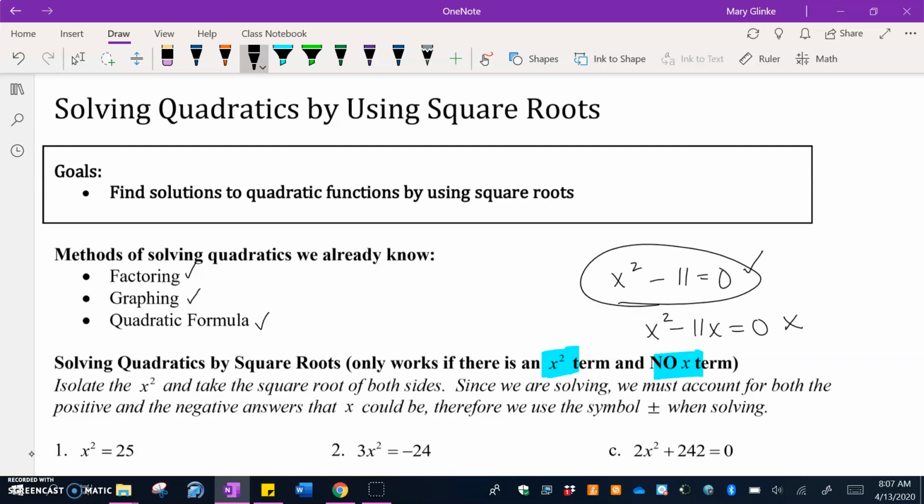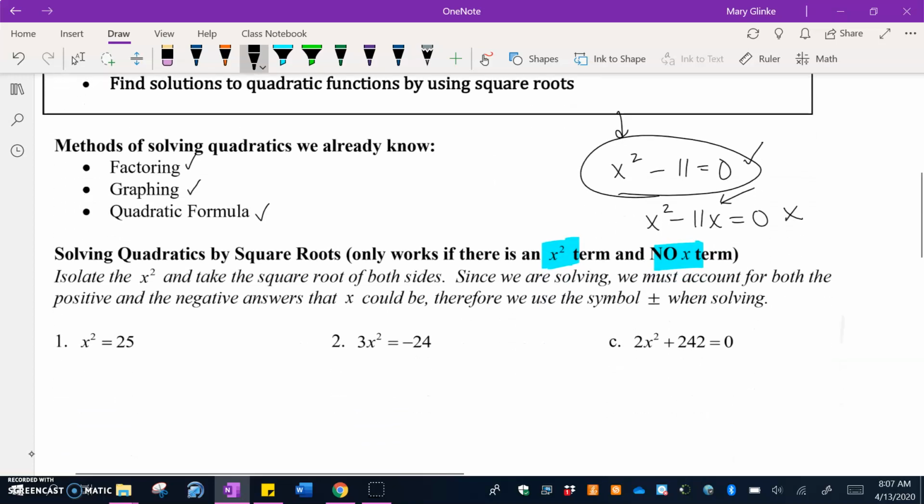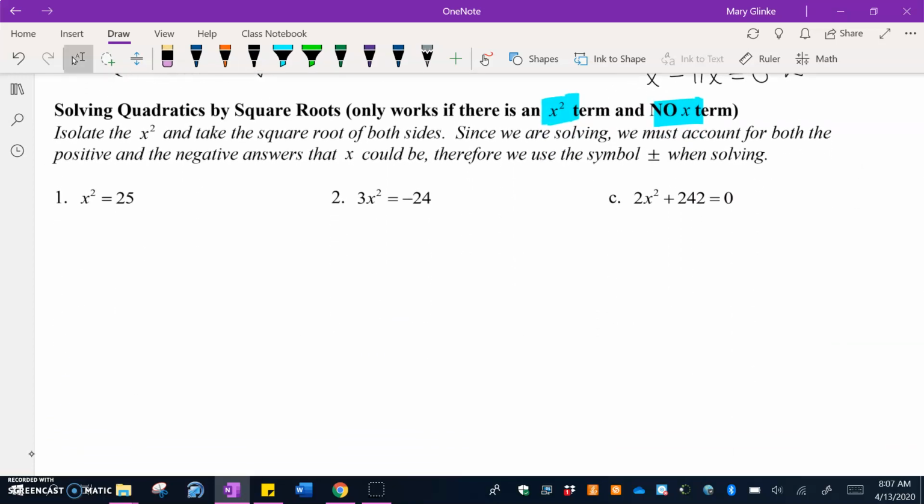So we are looking again for an x squared term, but no x term. The way it works is you are going to get the x squared term alone first. After you get the x squared term alone and move everything to the other side, you take the square root of both sides and you write plus or minus when you do that.